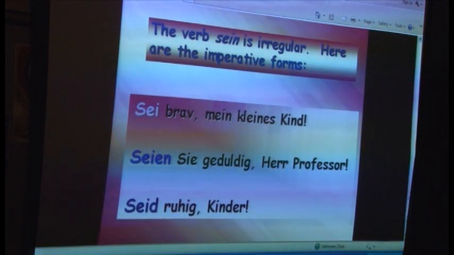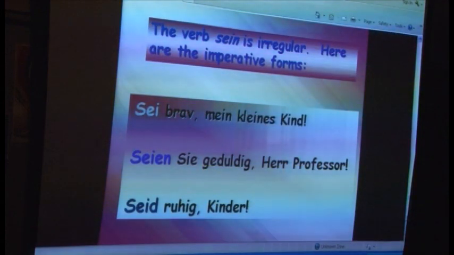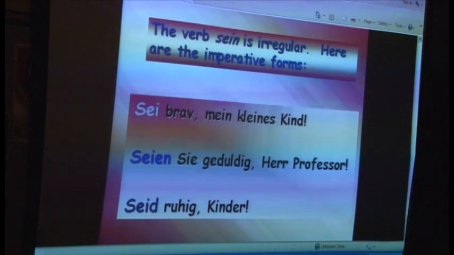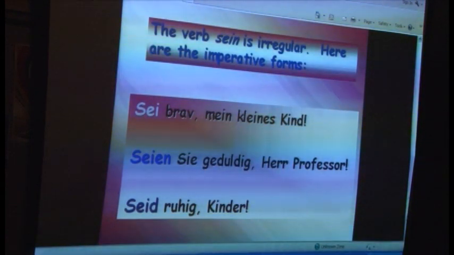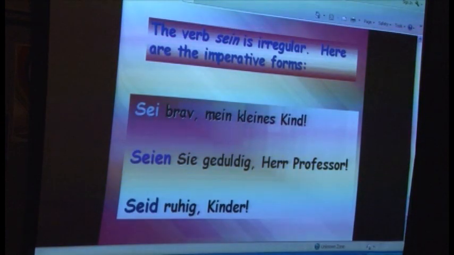So seid ruhig, be quiet. That's actually regular. But instead of saying ist or bist brav, it's sei brav, mein kleines Kind. And seien Sie geduldig. Not sind Sie, seien Sie geduldig, Herr Professor, ja? Seid ruhig, Kinder. That's actually as expected, okay?